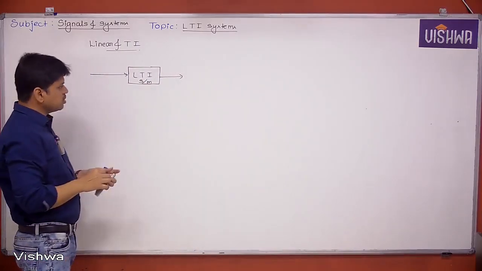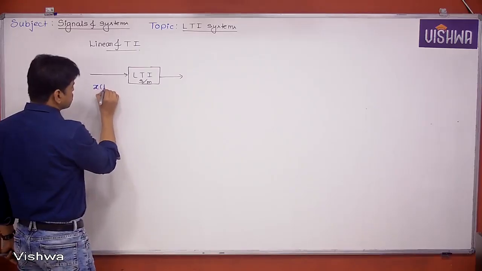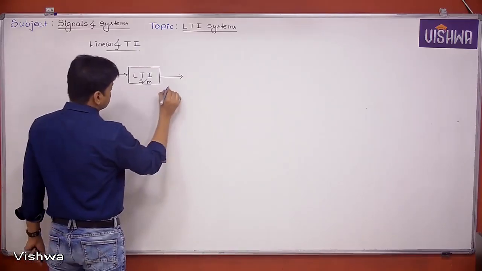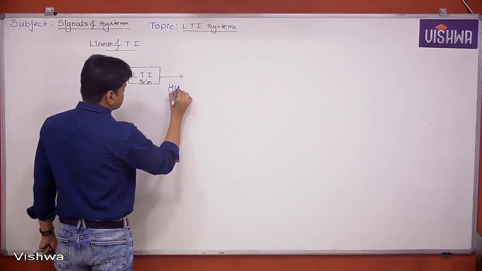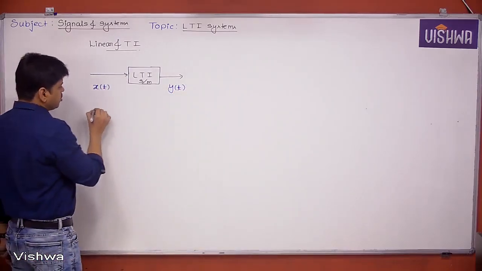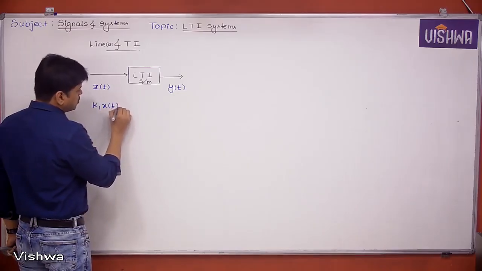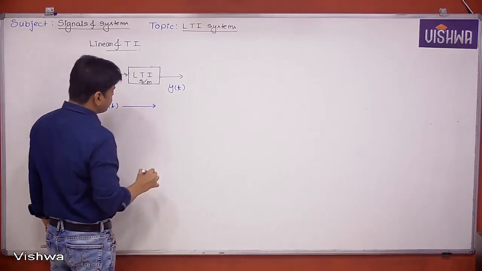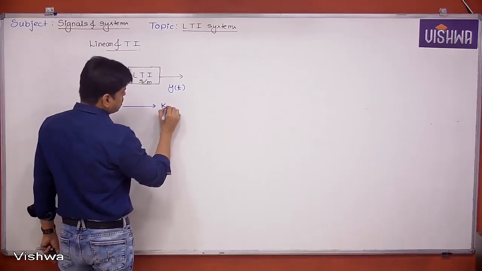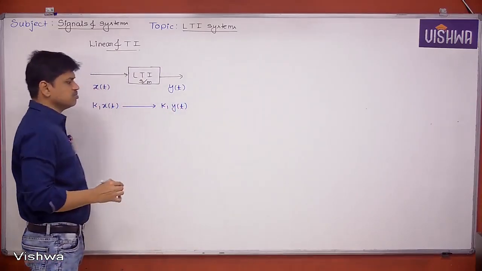Try to understand. Suppose x of t is the input, let's assume the output is y of t. Suppose I take k1 x of t, then the output for this is nothing but k1 y of t.